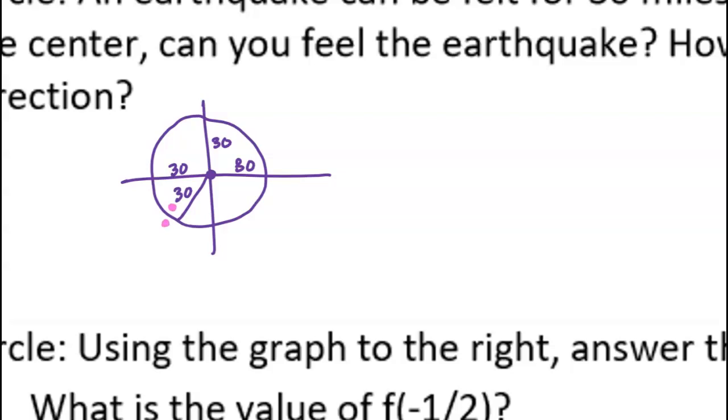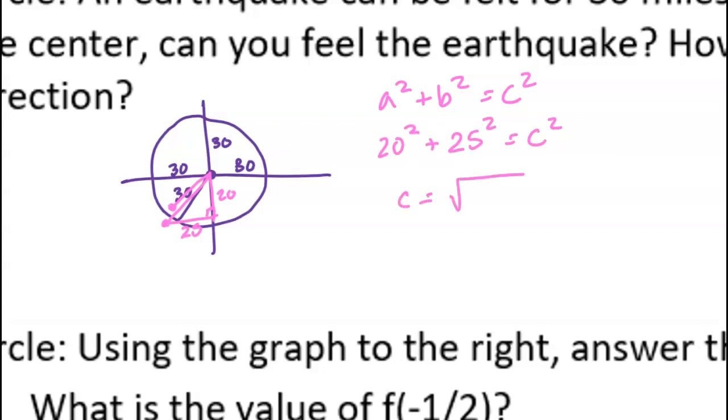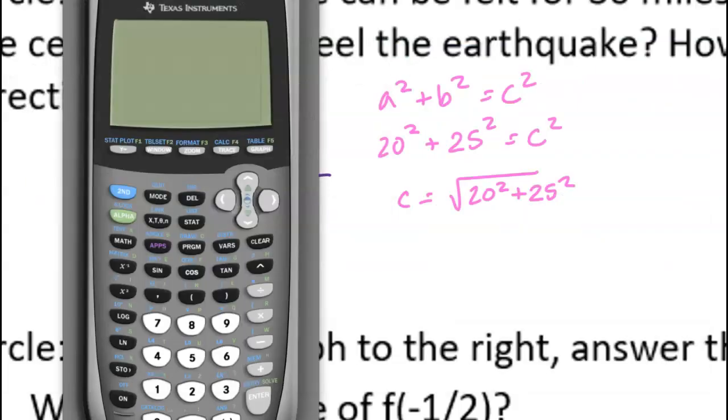And the only way to find this out is if your radius is less than 30 or more than 30. And we know that this is 20 and this is 25. So guess what you're going to have to do here? Pythagorean theorem to figure out what that hypotenuse length is. Is it more than 30 or less than 30? So we have 20 squared plus 25 squared is equal to c squared. So all we have to plug into our calculator is the square root of 20 squared plus 25 squared.